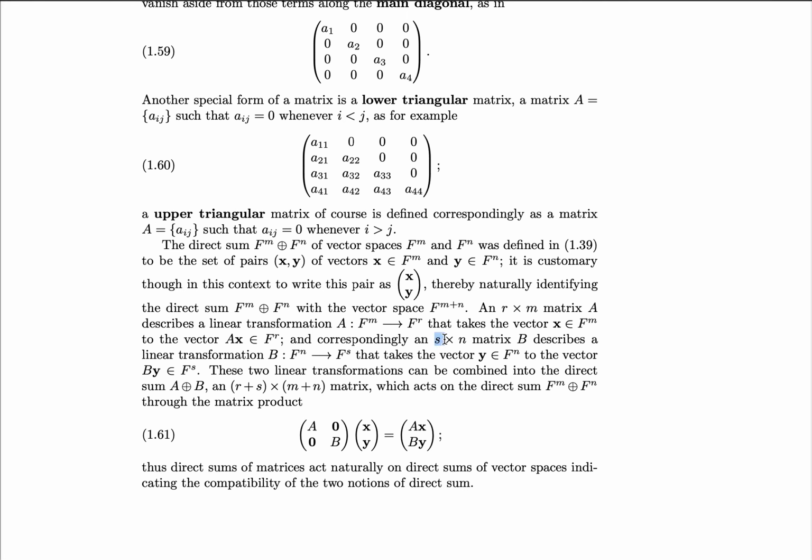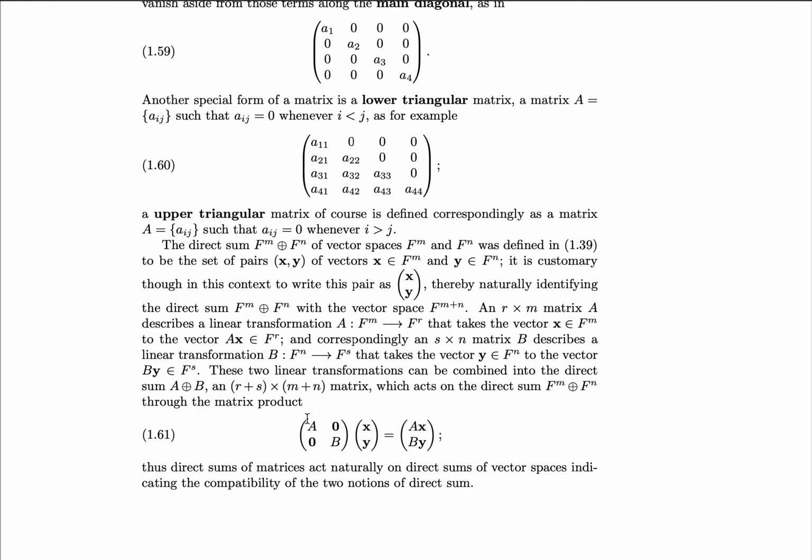something that goes from Fn to Fs defined by B, then you see that you can make another linear transformation out of both of these by using a direct sum, which you can write as an r plus s by m plus n matrix. This acts on this space. You'll note that this will act correctly in the sense that it has the correct dimensionality.